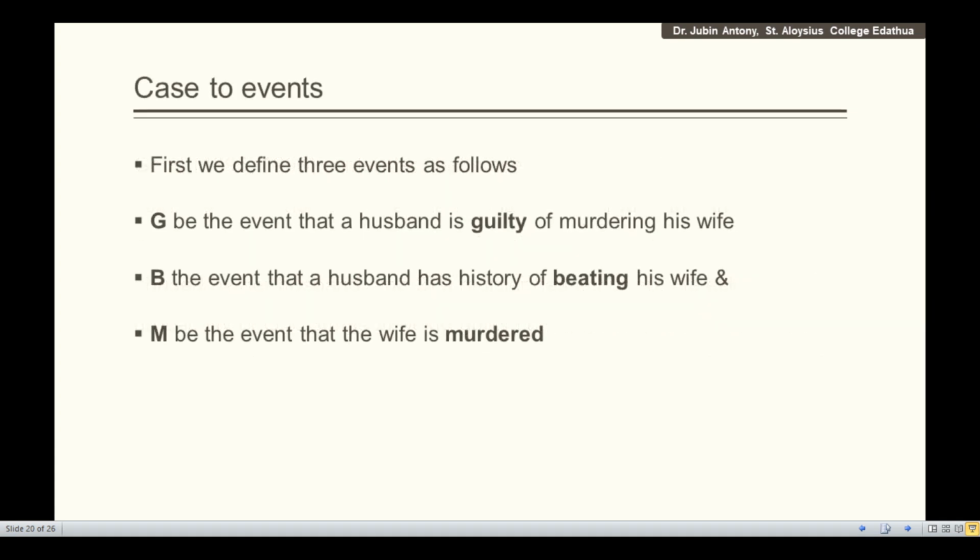First, we define 3 events as follows. Let G be the event that a husband is guilty of murdering his wife, B the event that a husband has a history of beating his wife, and M be the event that the wife is murdered.